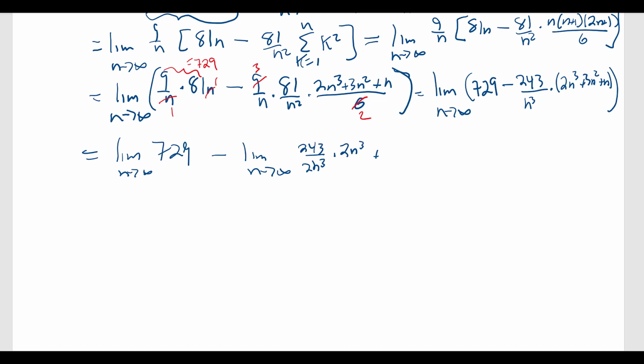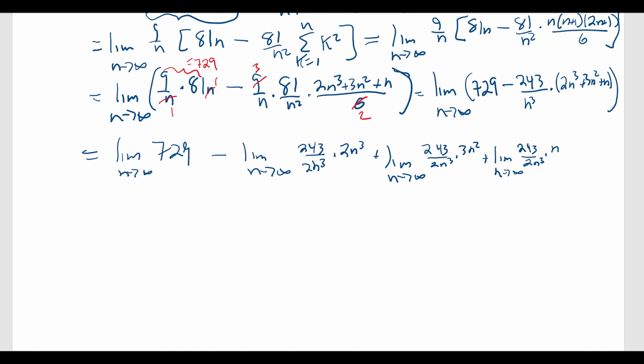Let's do a bunch of different little limits. The limit as n goes to infinity of 243 over 2n cubed times 3n squared plus the limit as n goes to infinity of 243 over 2n cubed times n.